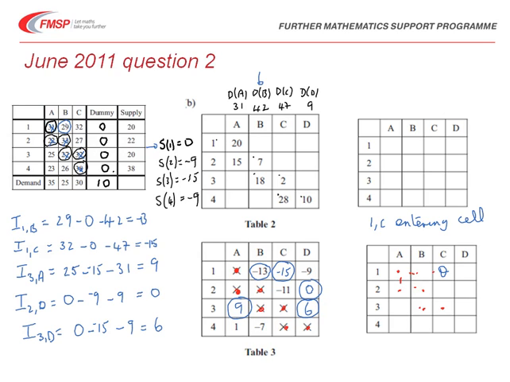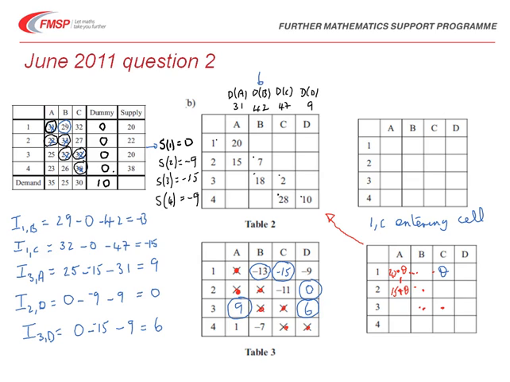So what we're going to do now is follow that pattern, looking at the current supply chain. And it says if we're going to supply theta via the route 1C, well, from 1 we've already got 20 going, so that means we're going to have to change that to 20 minus theta. But if we change that, it means we're going to have to add 15. It's going to have theta added to it, plus theta.